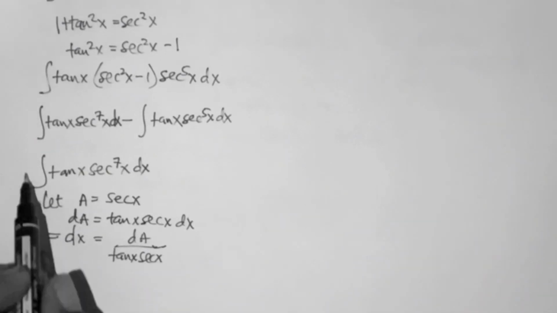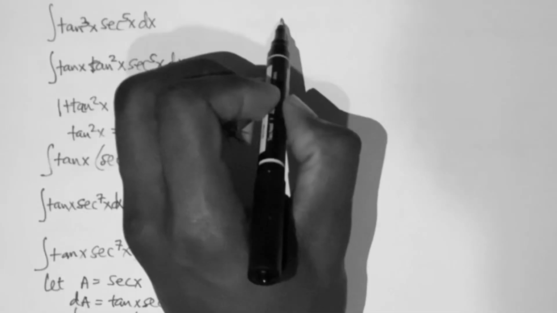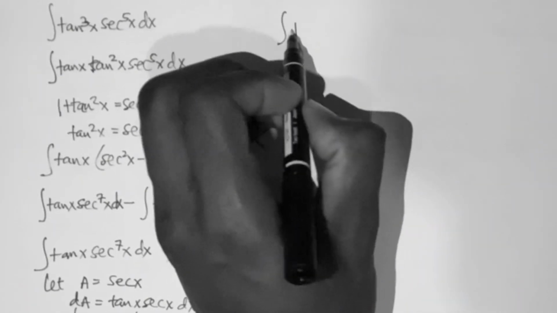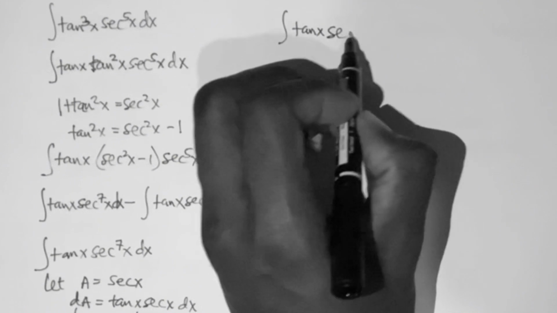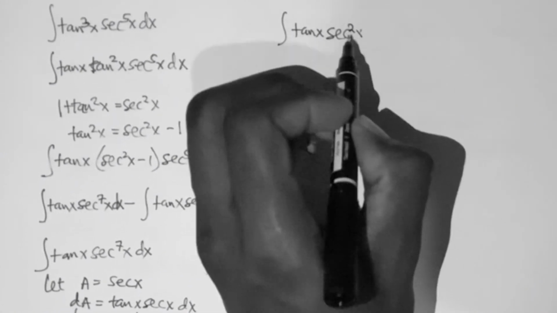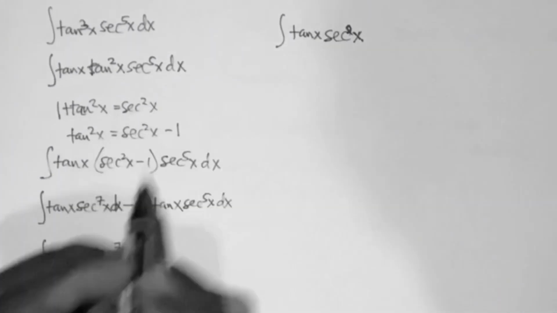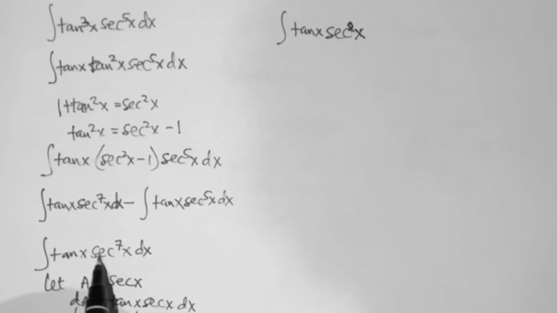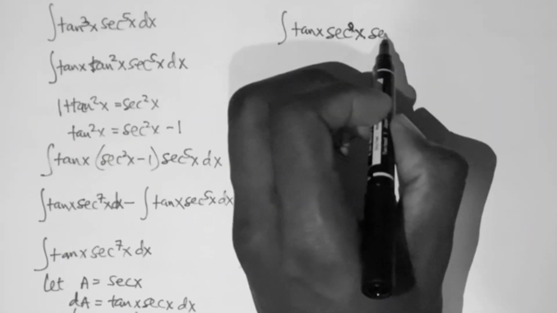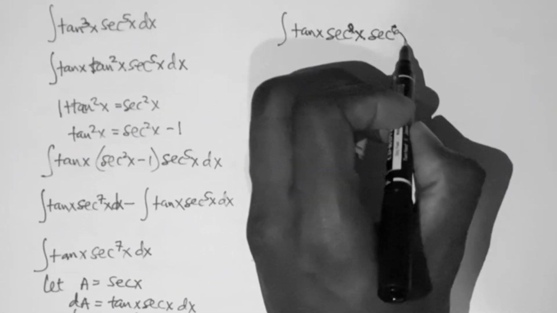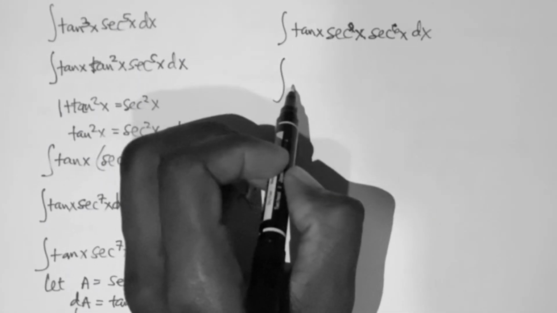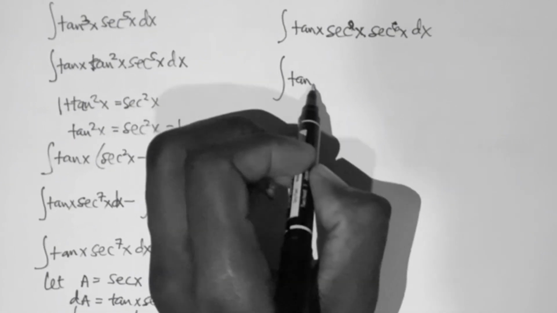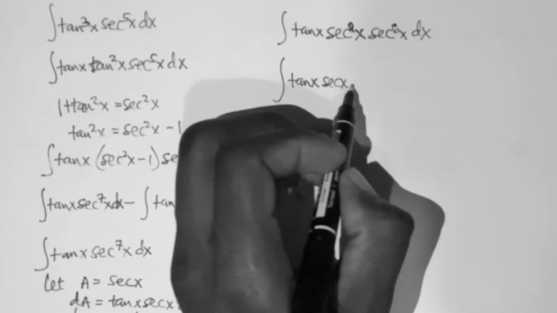So I can rewrite this integral as integral of tan x and then sec x. Then I pulled out one sec x, so we are left with sec exponent 6x dx. And therefore, this becomes integral of tan x sec x.